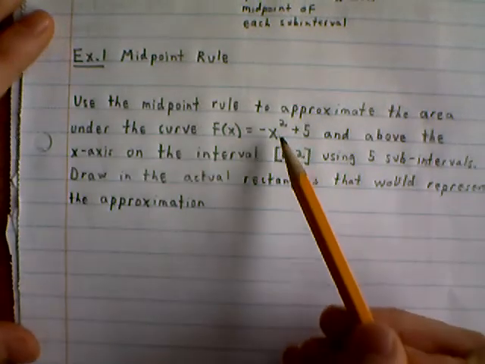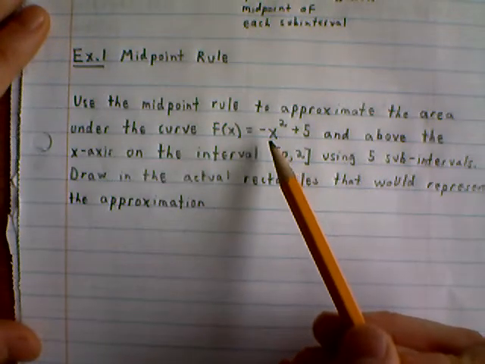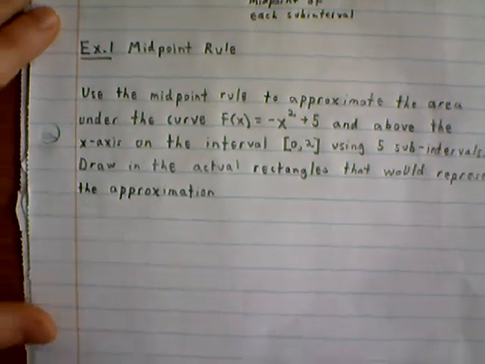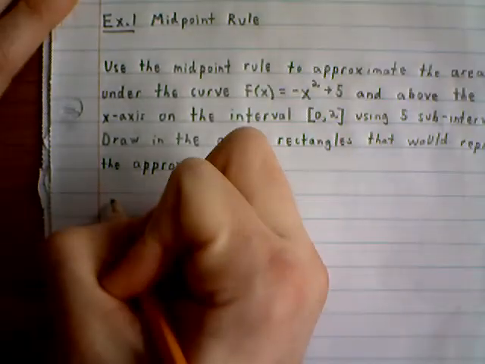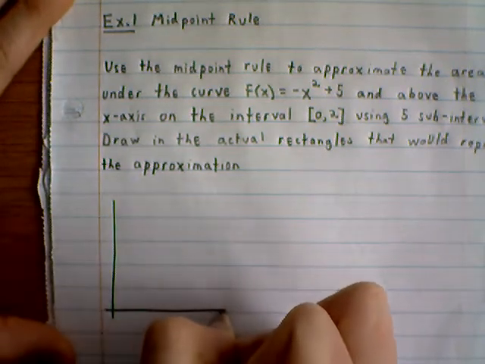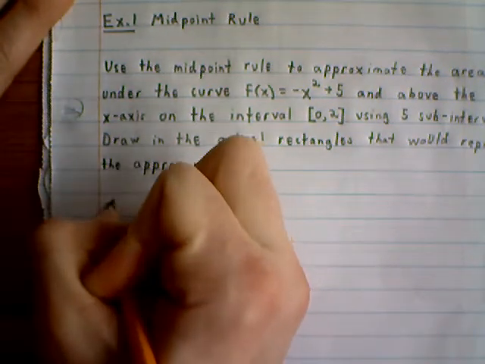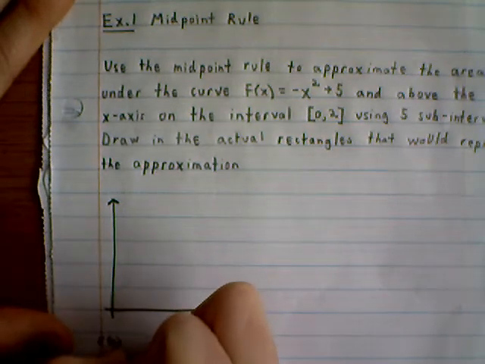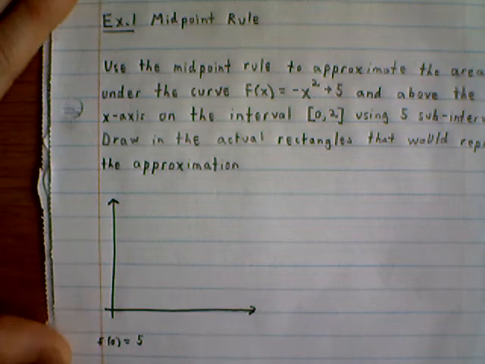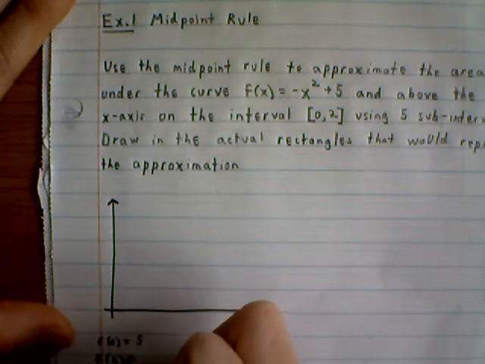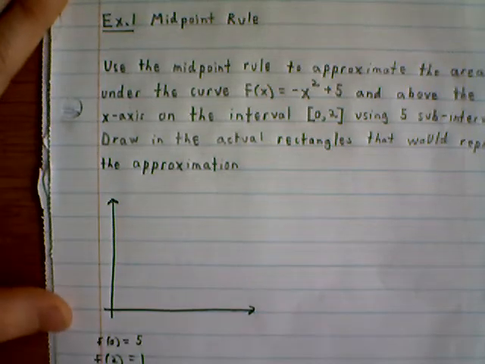So we actually already did this problem with left and right endpoints, so now we're going to find a midpoint approximation. Let's go ahead and sketch first. It's a good place to start. I know that f of 0 is going to be 5, and f of 2 is going to be 1.